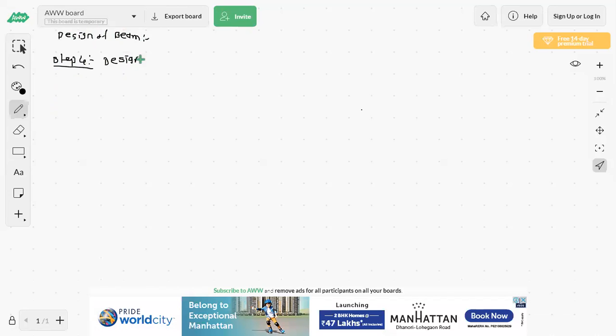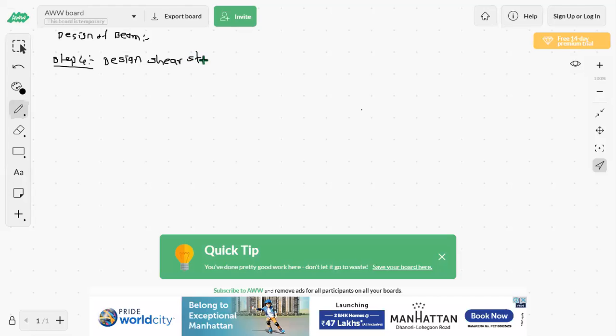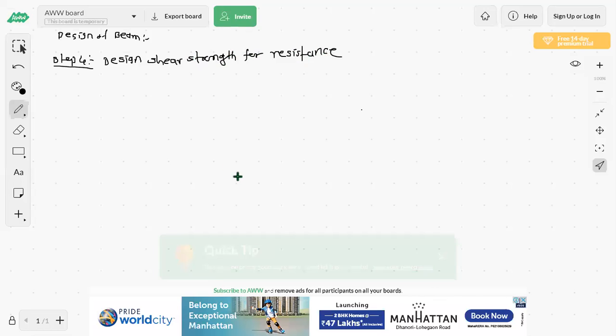Design shear strength for resistance. It means we have to calculate VDR, design shear strength for resistance.